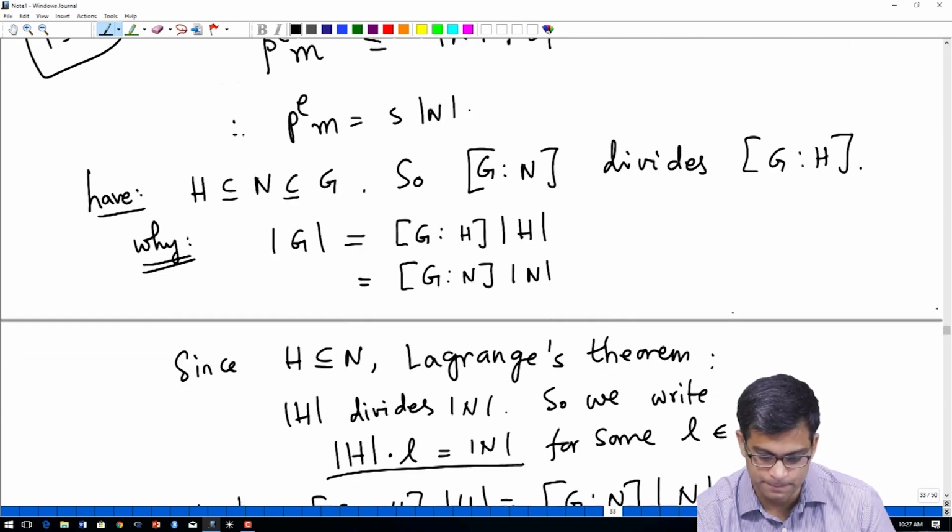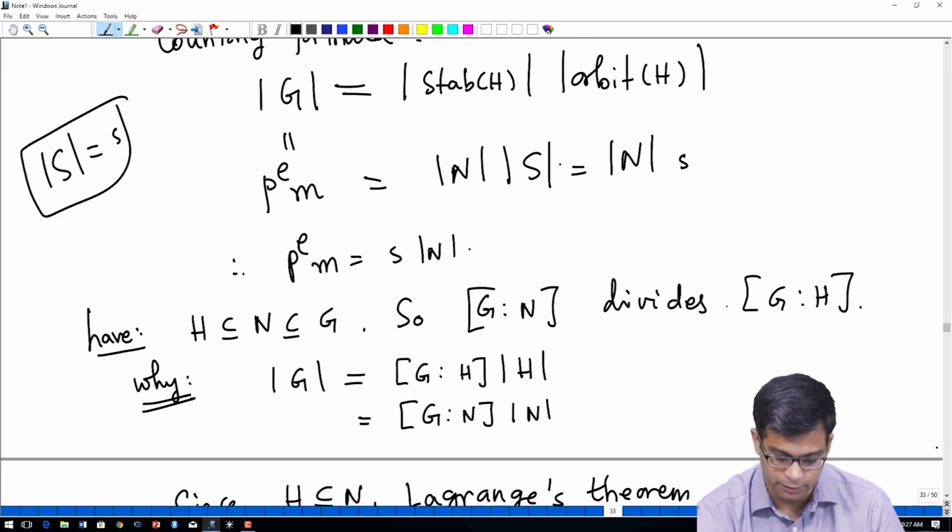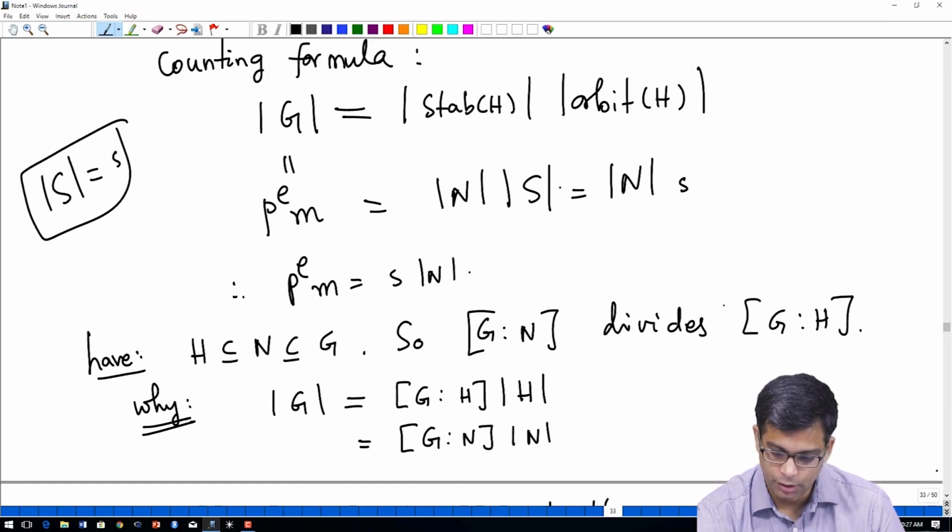Now, let us look at the counting formula that we had earlier. What is the index of N? So, I want to understand.